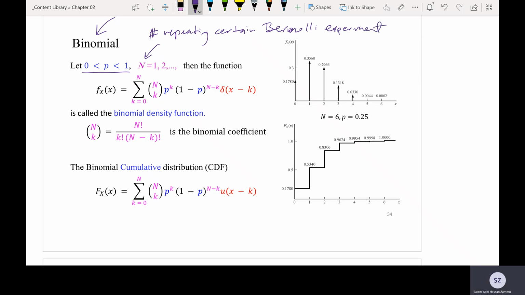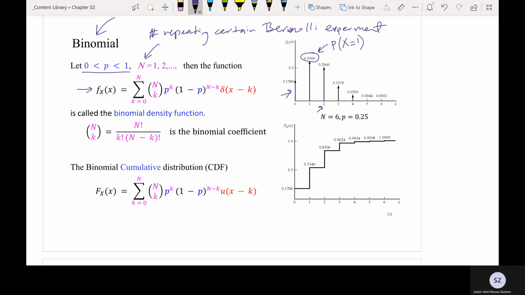P is the probability of one of the outcomes. In this case, we say that the PDF looks like this. It's a summation, basically a set of impulses: impulse at 0, impulse at 1, impulse at 2, and so on. Where the height of the impulse is the probability that x equals k.